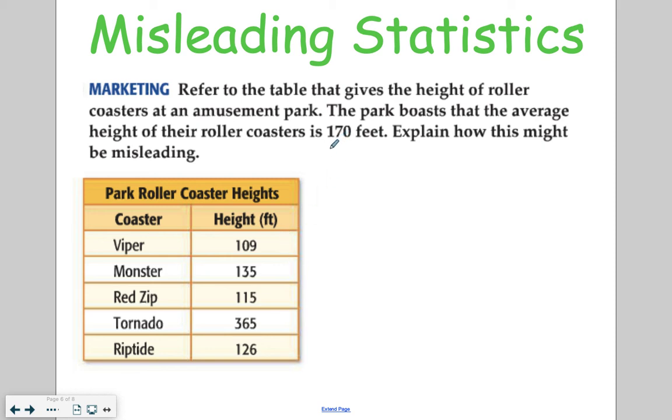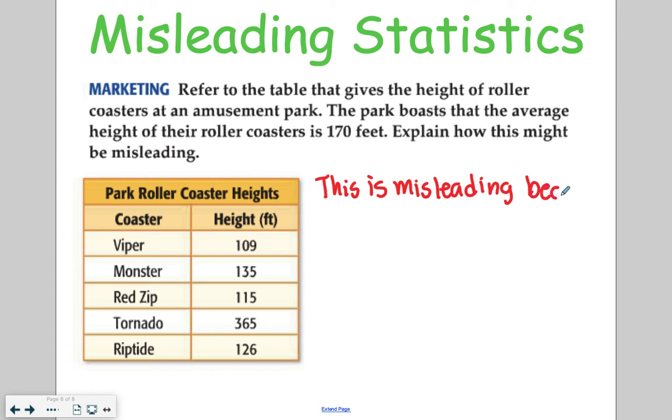So we look at 170 feet, and you notice that 1, 2, 3, 4 of those roller coasters are below that, and just one is above. So this is misleading because there's an outlier. And as we learned earlier, outliers really affect the average.